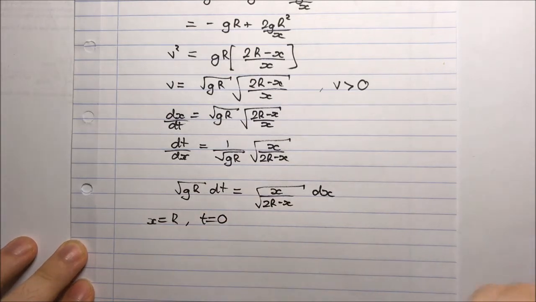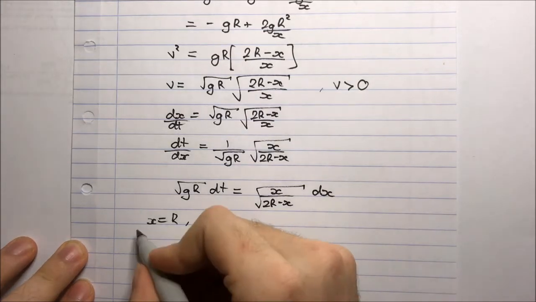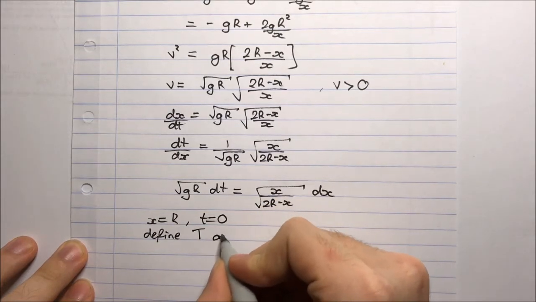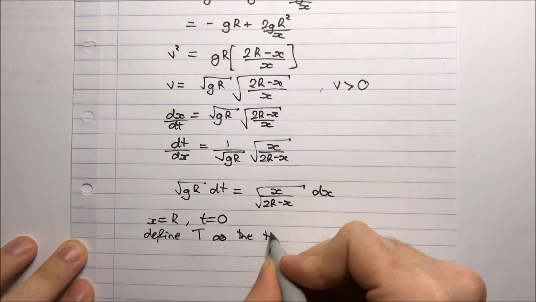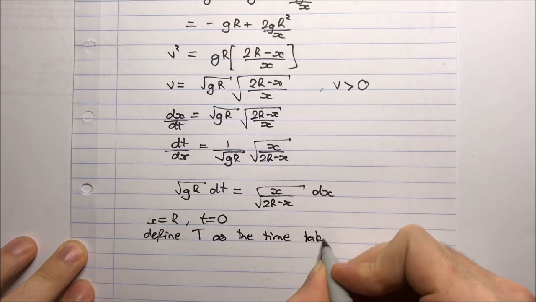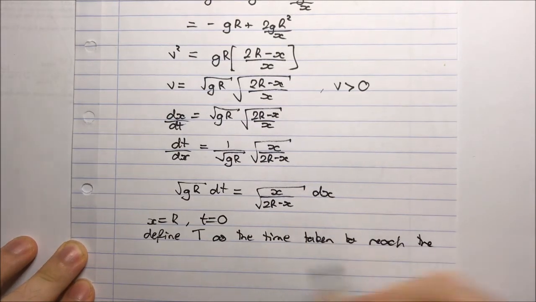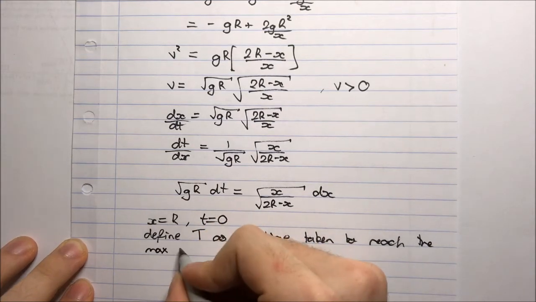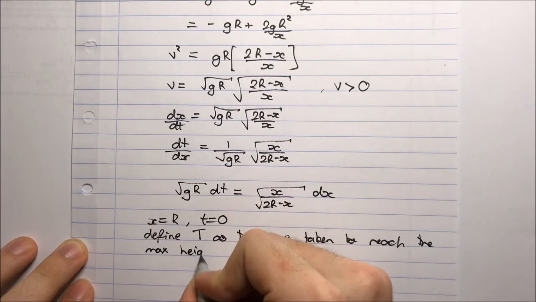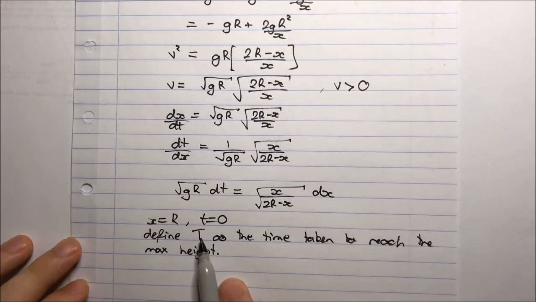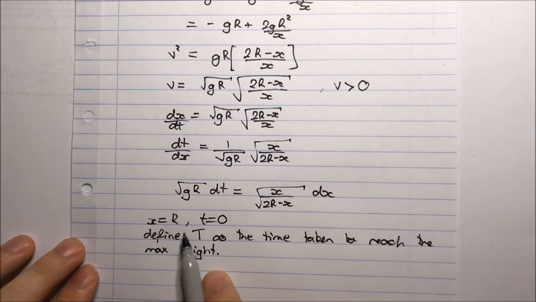Great. And what else do we know? Well, we want to know the time that it takes to get to the maximum height. So we can define capital T as the time taken to reach the max height. And so now we're looking for T. But what is the corresponding x value at that point?